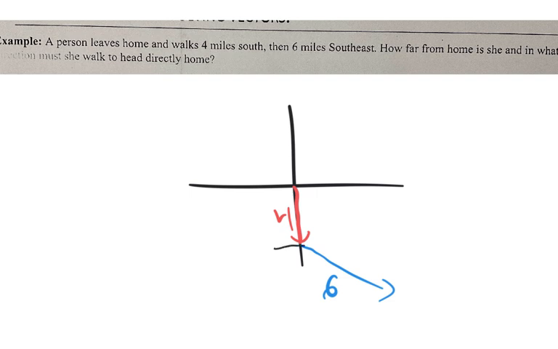Which means, if you think about this with me, if you go directly southeast, what would this angle be? How far from home is she? And what direction must she walk to head directly home?